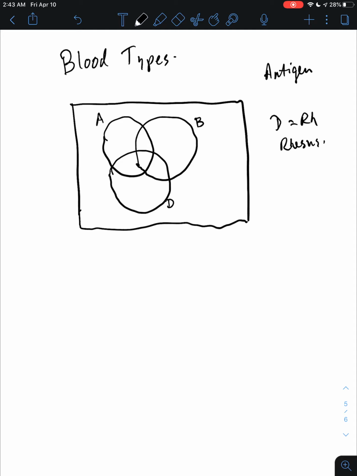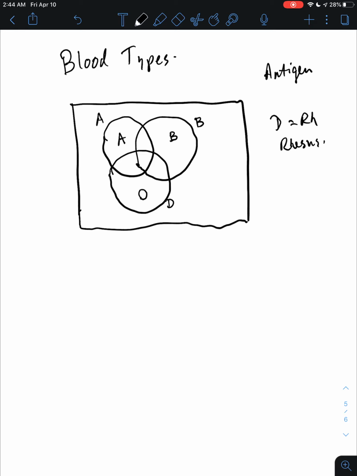So those with just A factor alone are said to have type A blood. Those with factor B alone have type B blood, and those with factor D alone have O blood. Except it's a little more complicated than that.